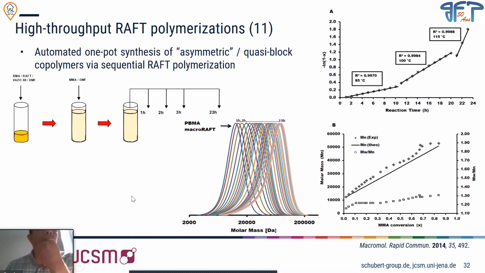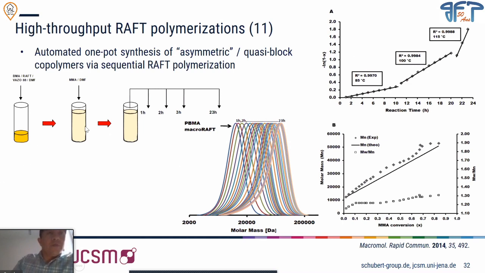Well, you can do some other variations with the same approach. Let's say you start with a big reactor inside the platform of the synthesizer. You just fill up your first block with, in this case, BMA again.